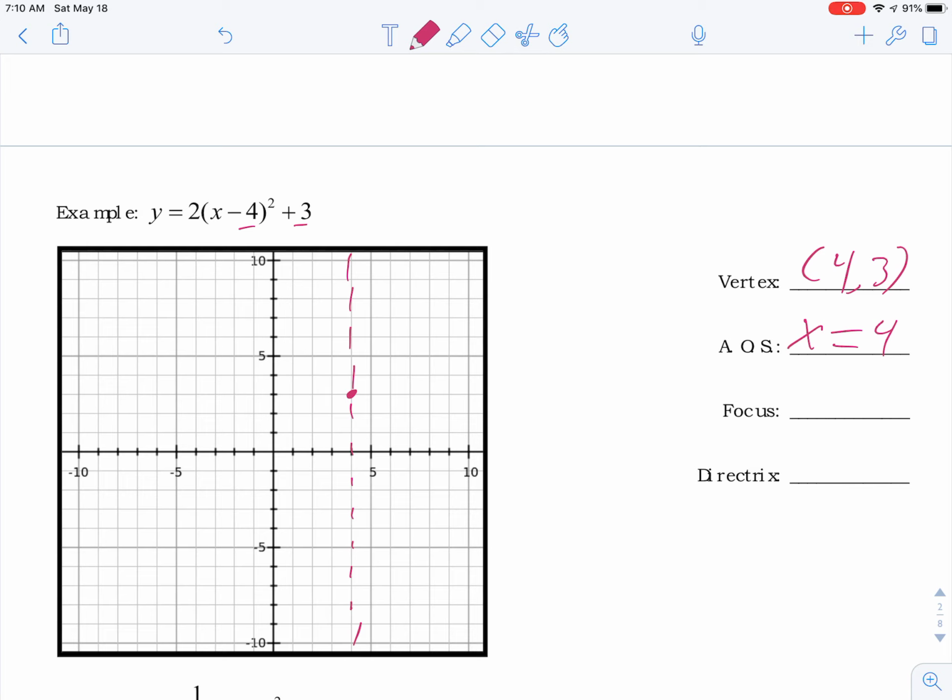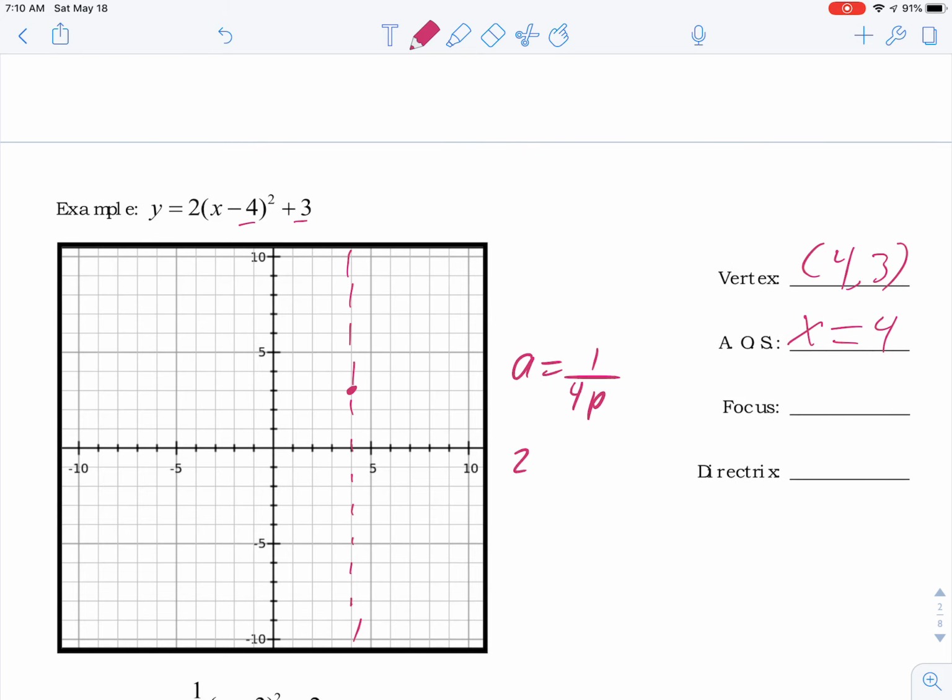So the key here is that the focus is P away from the vertex. And P can be determined, well, backing up a step, A is 1 over 4 times that distance. And so A is 1 over 4P. Well, in this example, A is 2.